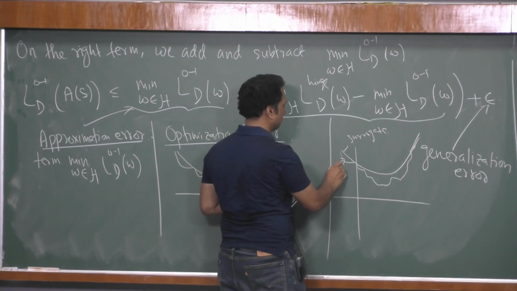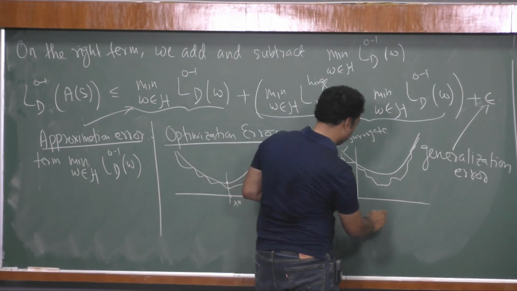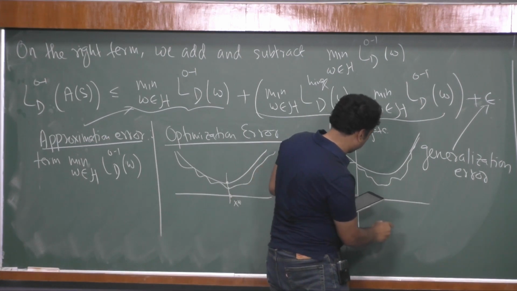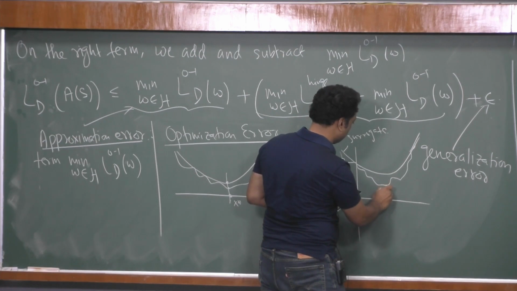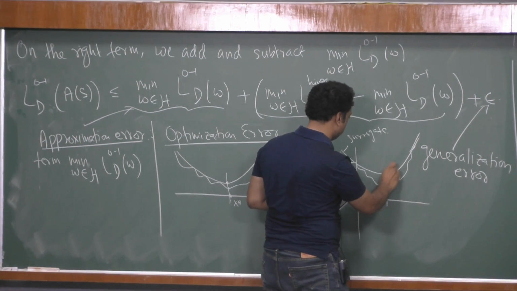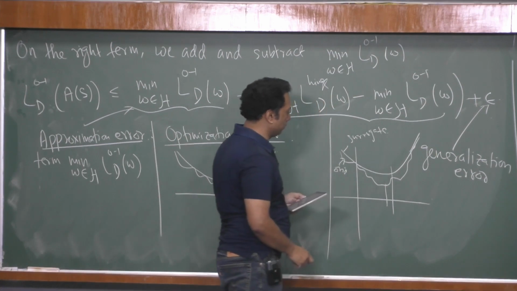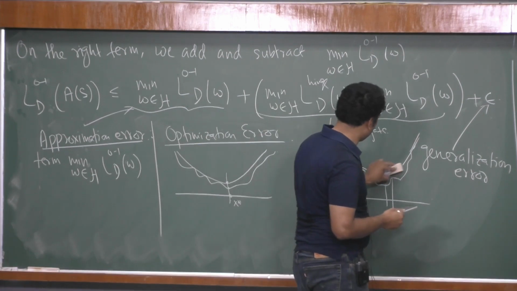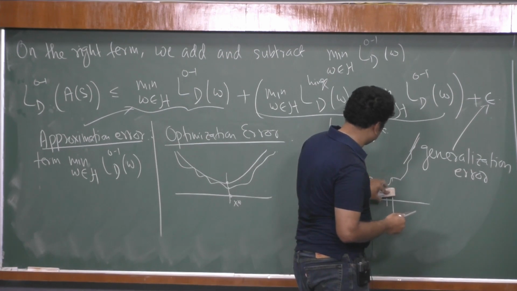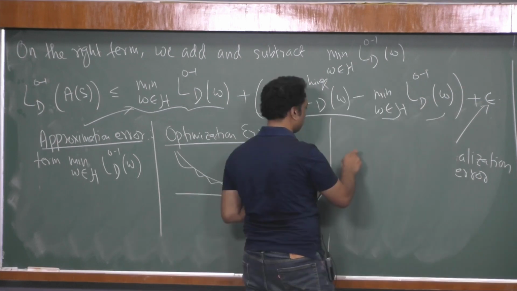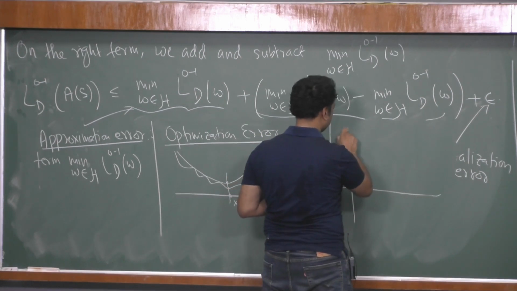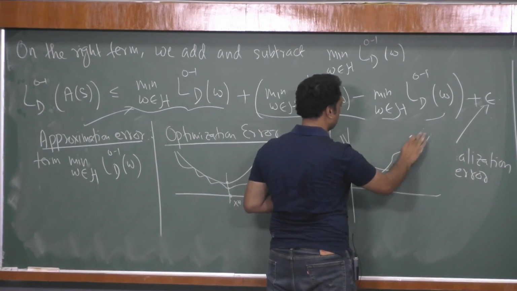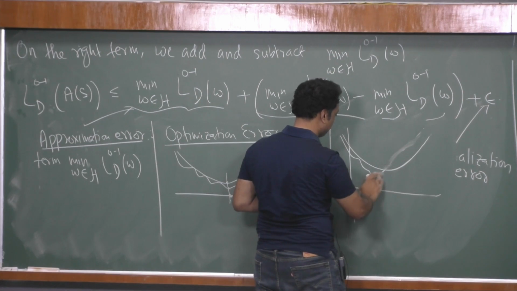This is our original, and the minima of this I believe is somewhere here, let us say, and then the minima of the surrogate is somewhere here. Although I have not done a good job here, the first thing is to draw the convex surrogate first. This is my surrogate, and oh, it cannot go like this again, I'm sorry.